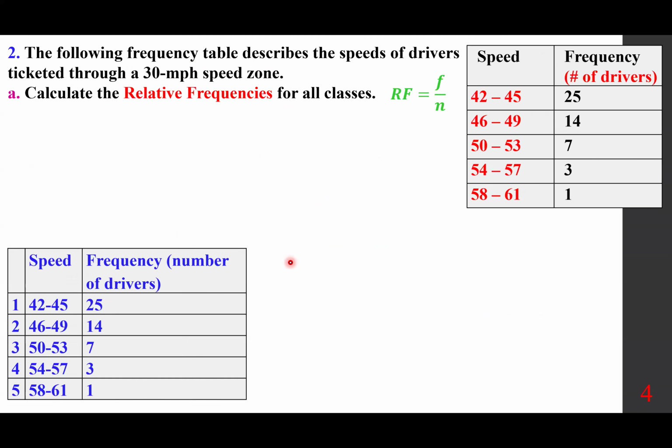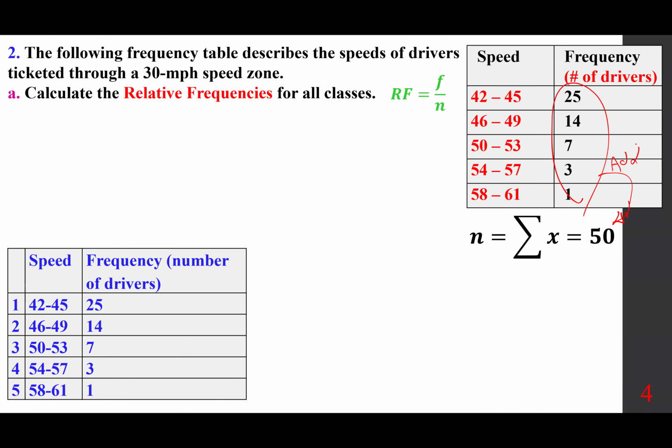So first things first, we have to calculate the N. That means N is the summation of the frequencies. Add those numbers, 25 plus 14 plus 7, and so on, and we get 50.